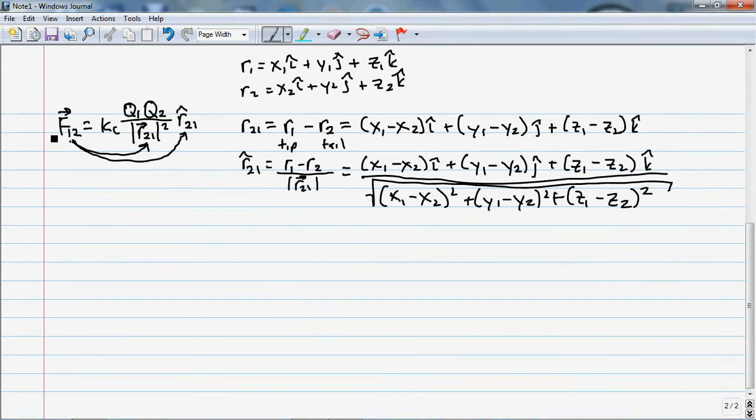And we can rewrite this formula in this way, taking into account this definition.